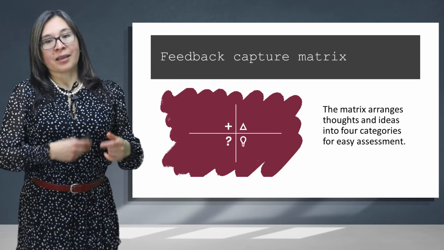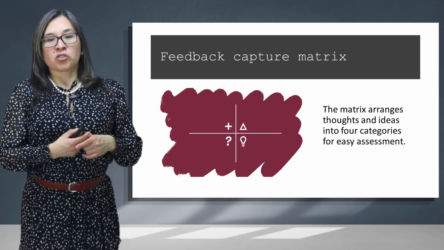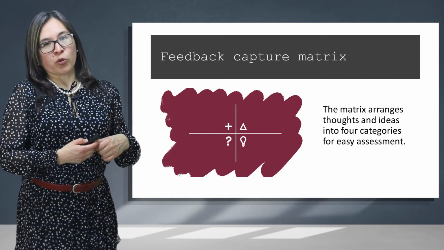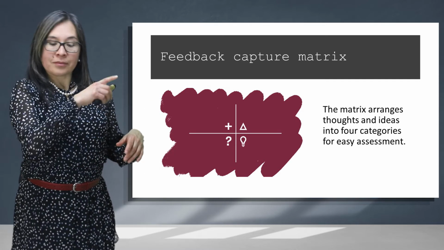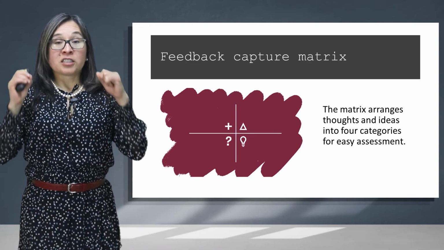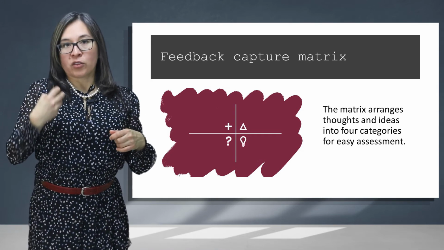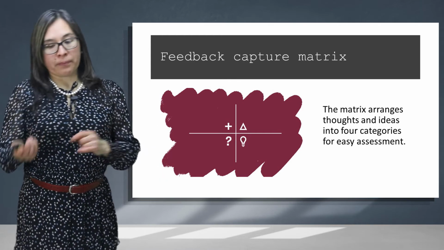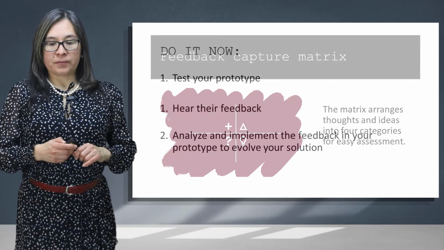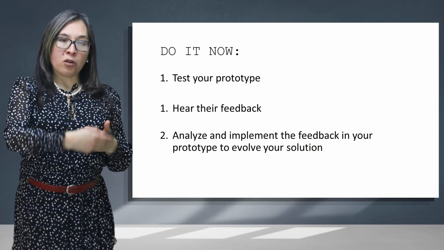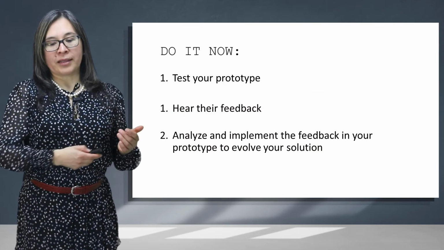In the question mark, perhaps you can identify some of the components that were not 100% clear from your prototype to the users. And in the light bulb sign, you can identify specific ideas that you got that were triggered by the use of your prototype by your users. And at the end of the day, this is going to help you evolve your solution into a final solution.